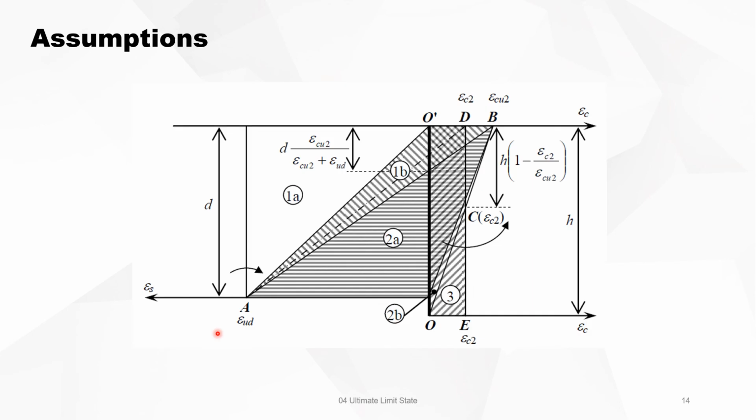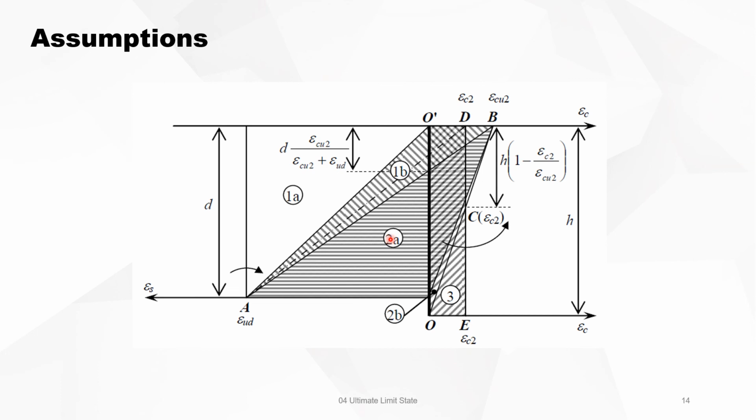You can now divide domain 1 into two zones. Zone 1A is from there to there, which means all the concrete is in tension. Then you have zone 1B, which is this portion, and this zone can in fact be subdivided into two other zones, one with the parabolic diagram, one with parabolic and rectangular.